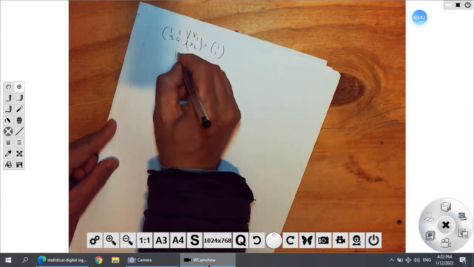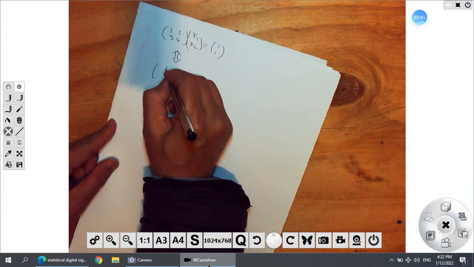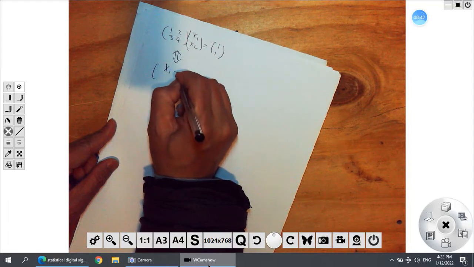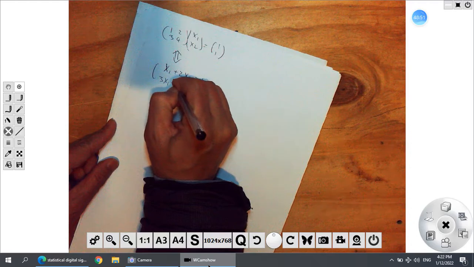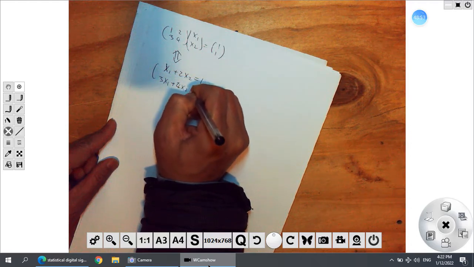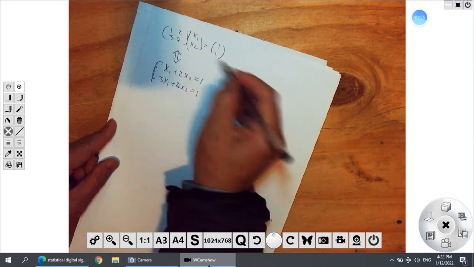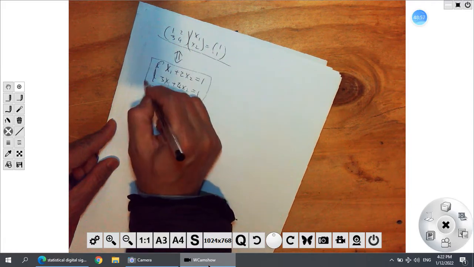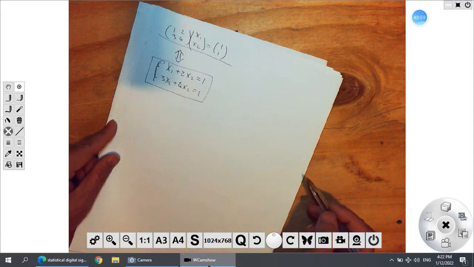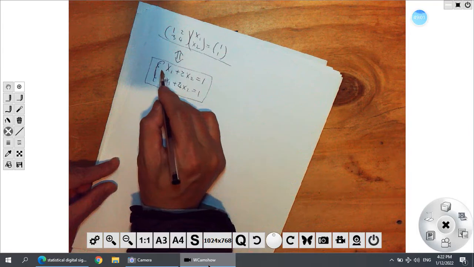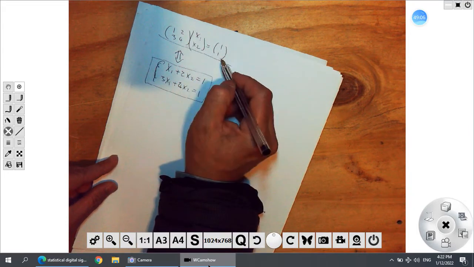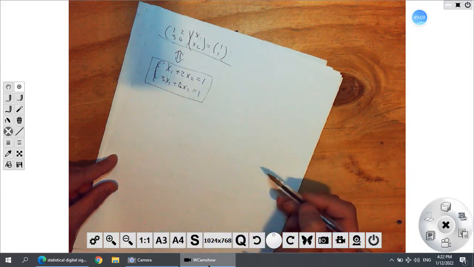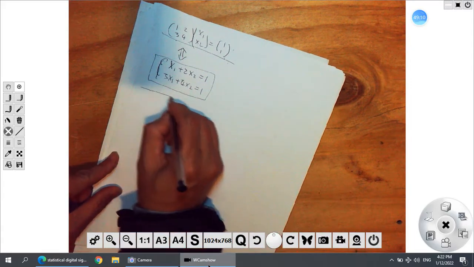This is equivalent to 1 times x1 plus 2 times x2 equal to 1, and 3x1 plus 4x2 equal to 1. Right. So this one is equivalent to this one. Got it? So if we have several equations like this, we can represent them in a matrix way. Alright. So this is one thing.